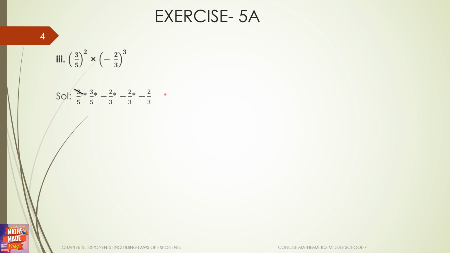Now you can cancel one number in the numerator and one in the denominator, 3 ones are 3, and similarly 3 ones are 3, and since the other numbers are not divisible, we are just multiplying: 2 twos are 4, 4 twos are 8, and just write down the rest as it is. Since you are having the minus sign 3 times, and 3 is an odd number, if it is even, put a plus sign. If it is odd, then put a minus sign. So minus 8/75.